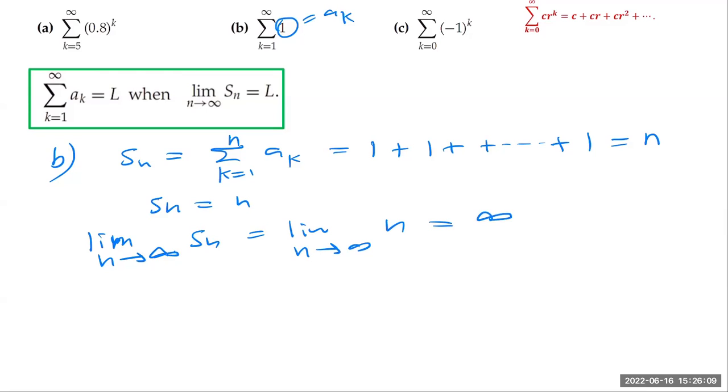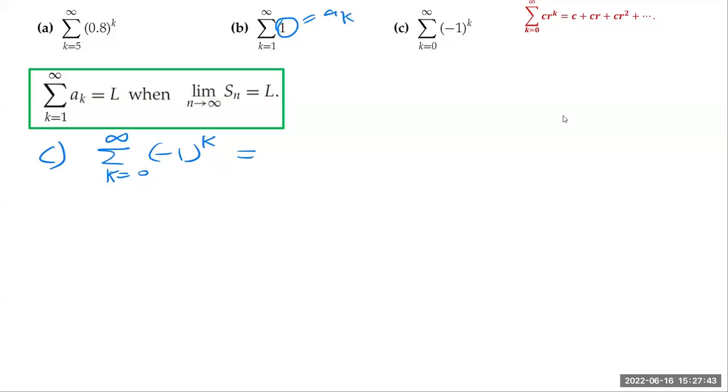As you can see, it diverges, because infinity is not a real number. So the sequence of partial sums diverges. That means our original series also diverges. What is the original series? The sum from k goes from 1 to infinity of 1 diverges.